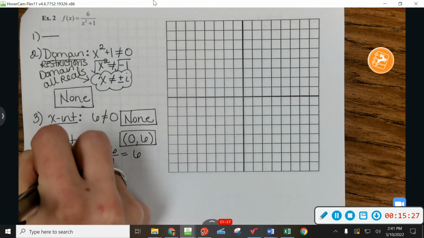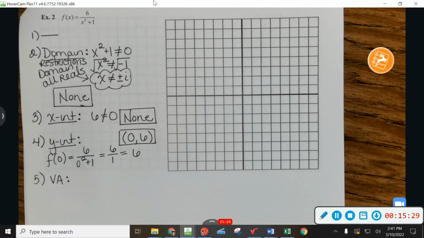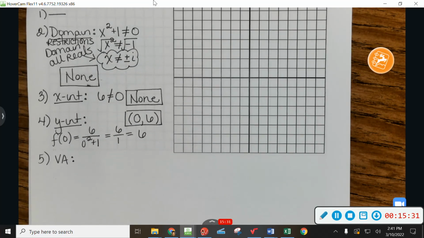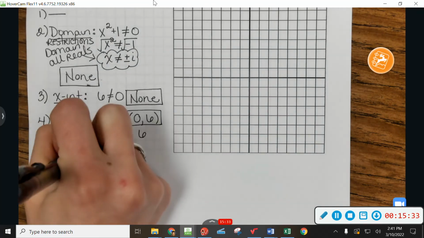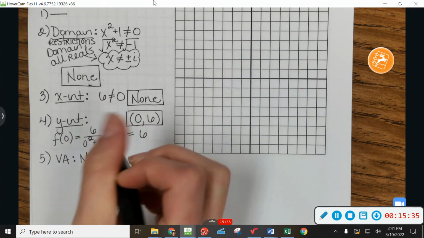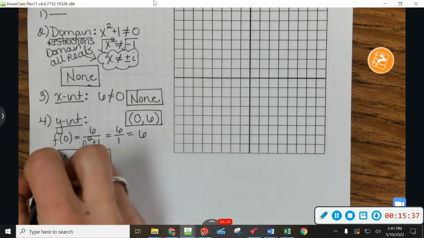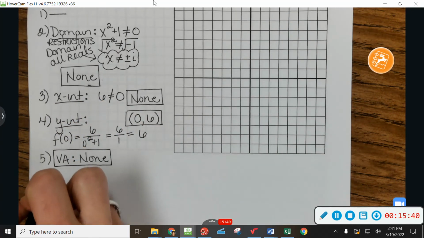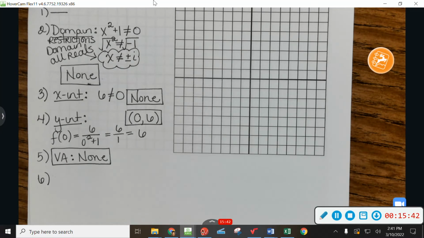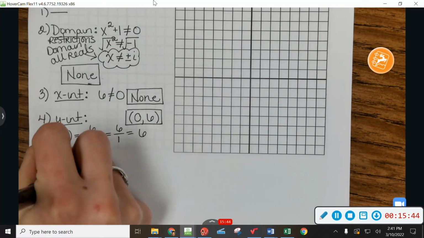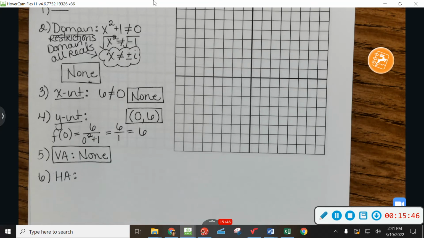So then my vertical asymptote, if I don't have restrictions, do I have a vertical asymptote? No. But I'm still going to have a horizontal asymptote. Okay, so this is where you look at the exponents and the degrees of your numerator and denominator.